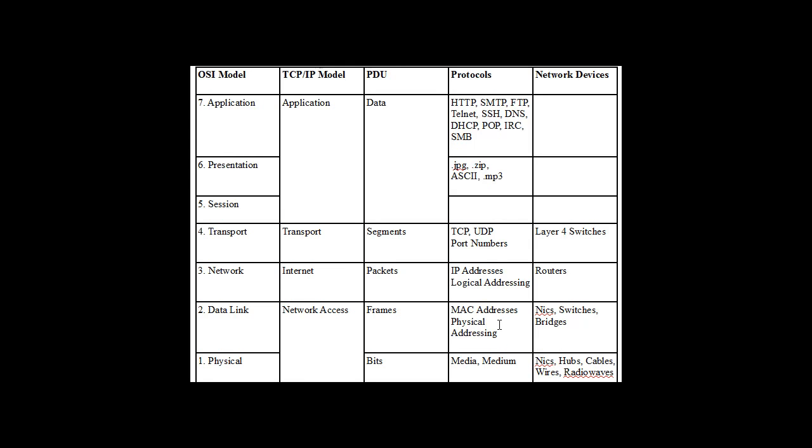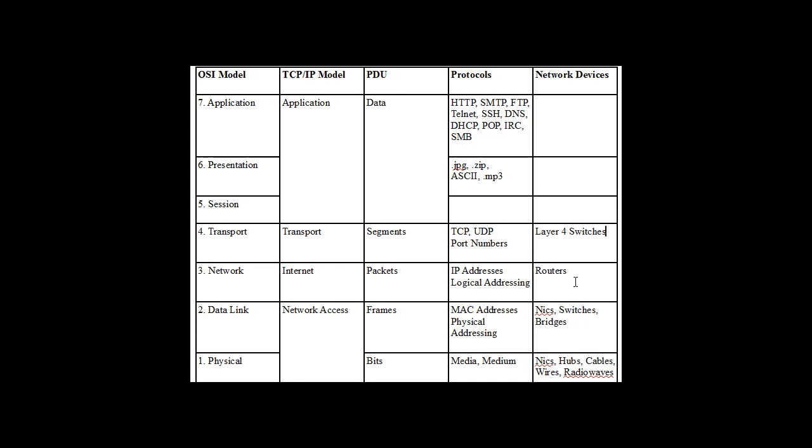All right, and then here at layer 4, I've put layer 4 switches. There is such a thing as a layer 4 switch, which is basically a switch and a router put together. It has ports for switching, and it also has router capabilities, interfaces for routing data out to different networks. Also, we have devices called firewalls.